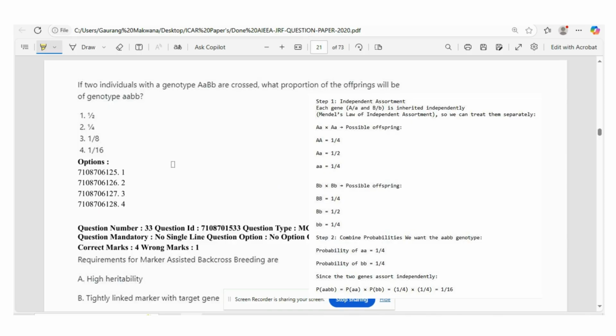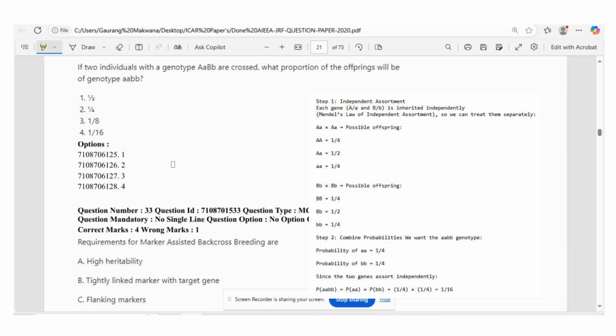So when we cross Aa with Aa, the possible offspring are AA, Aa, another Aa, and at the end aa. So the chance of getting recessive is 1/4.